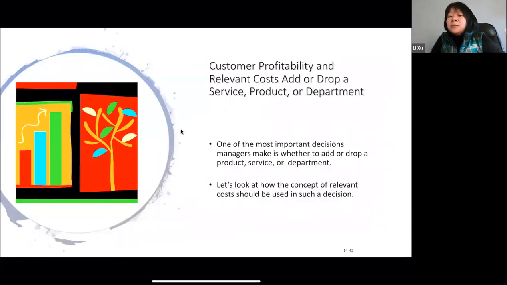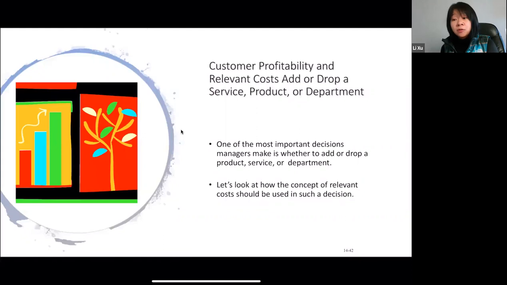The next question is also a very fun question. It's when you decide whether you're going to add a job, a service, a product, a department, or a customer, something like that. They're all similar questions. The solution is actually very simple. Basically, look at the relevant cost. There are two ways to do it.